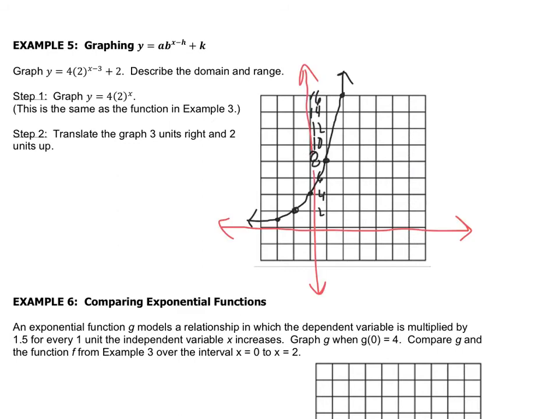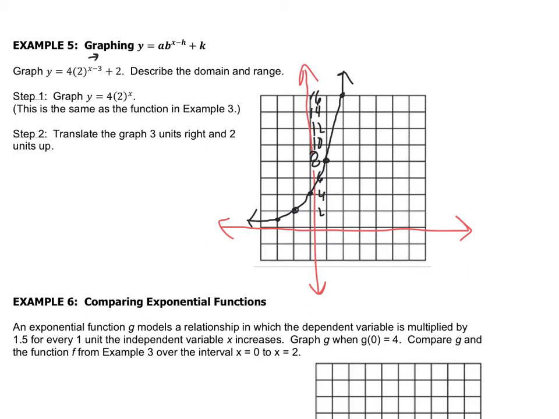So here was the 4 times 2 to the x function. Now, similar to the absolute value, this is telling me my horizontal translation. And remember we said in the absolute value one, if it's a minus number, it's actually pushing it to the right.